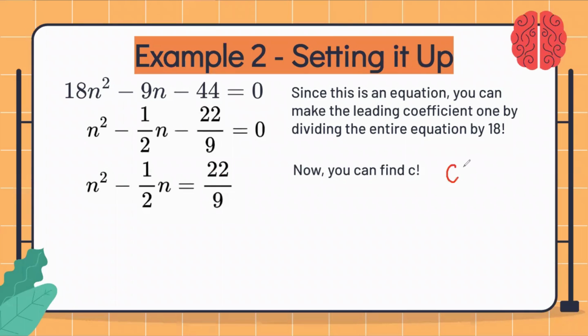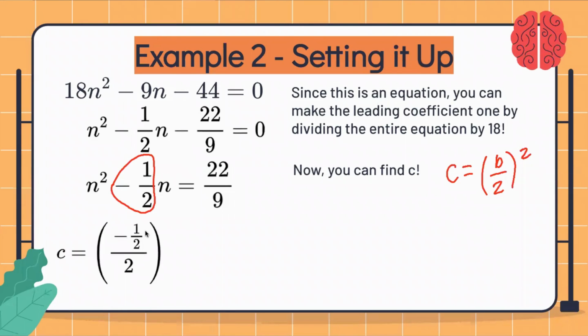Remember that our c equals half of our b value and then squared. In this case, our b value is -1 over 2. So I'm just going to plug in -1 over 2 for my b. That would be -1 over 2 divided by 2, squared. Again, this is a fraction within a fraction, and it might look a bit challenging, but just break it down.